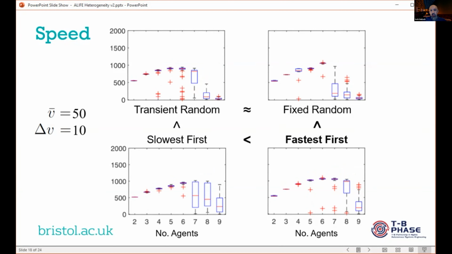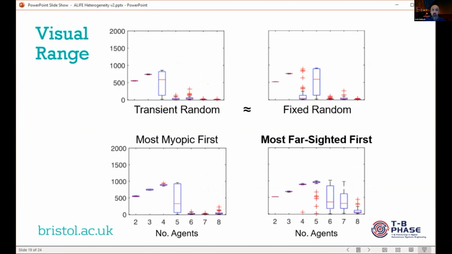And the overall performance using that scheme is better than slowest first, and both of those are better than the null model. So far, the maximum visual range of all those agents has been identical, but now we can have speed varying and maximum visual range varying. Speed is now assigned at random, and maximum visual range is assigned at random, so they are not correlated. And in this circumstance, predictably, the agents that can see furthest should be prioritized in these deadlocks or in any kind of collision.